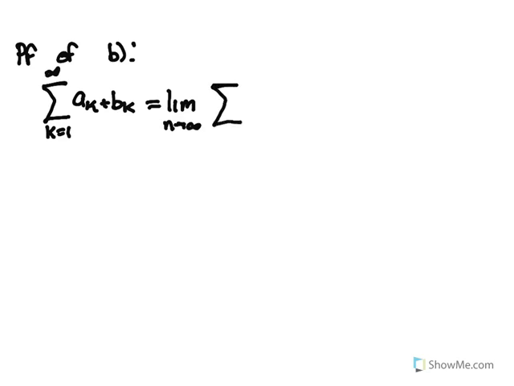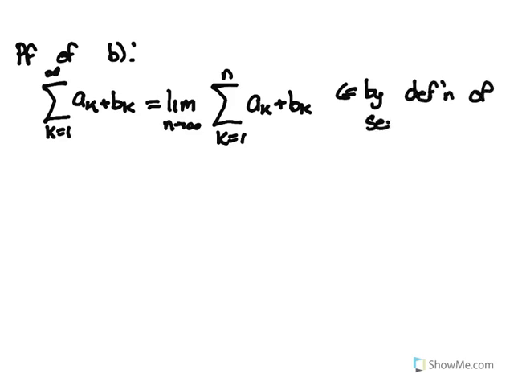So again, we start with the series a_k plus b_k. By definition of series convergence, this is equal to a limit as n goes to infinity of the partial sum, which is k equals 1 through to n. So by definition of series, this is equal to the limit as n goes to infinity.